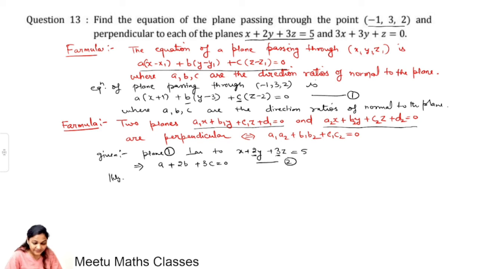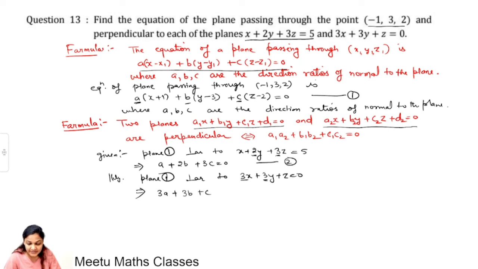Similarly, we are given that the plane 1 is perpendicular to this plane also, 3x plus 3y plus z is equal to 0. So this implies that a into 3, that is 3a, plus b into 3, that is 3b, plus c into 1, that is c, is equal to 0.